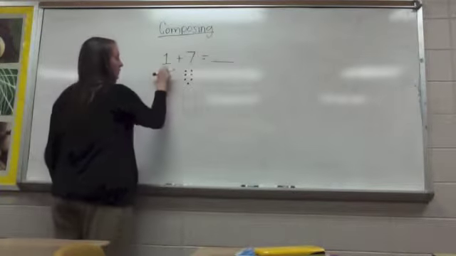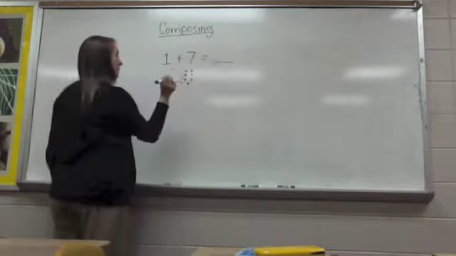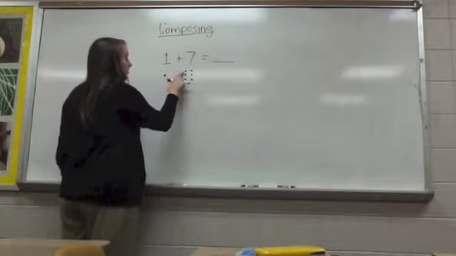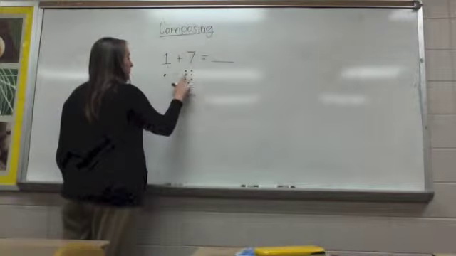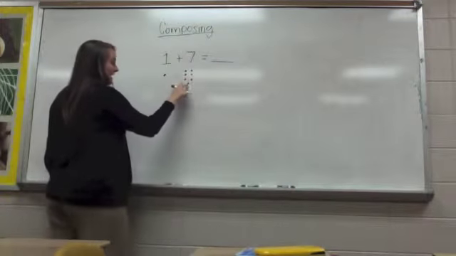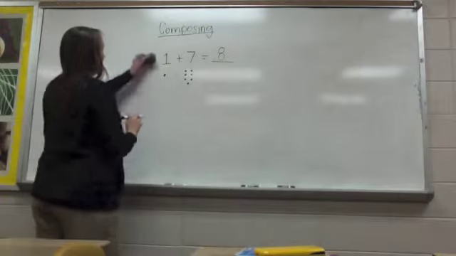And we're saying 1 plus 7 equals blank. So let's count our dots. 1, 2, 3, 4, 5, 6, 7, 8. We have 8 dots in all.